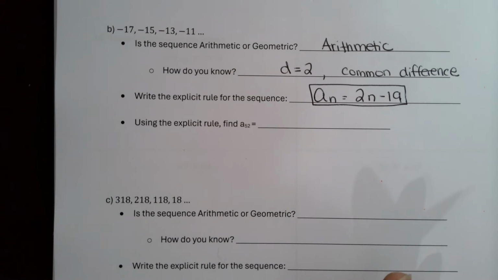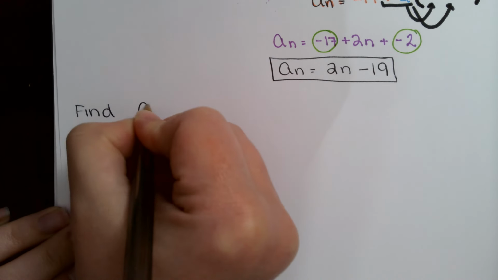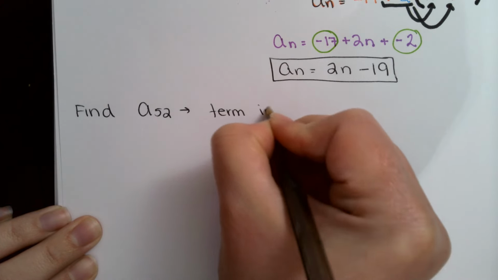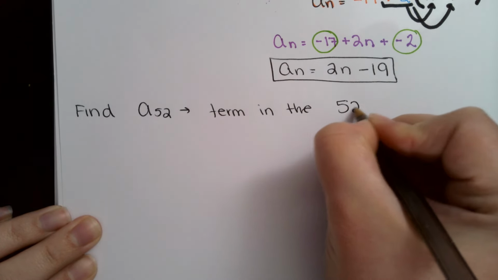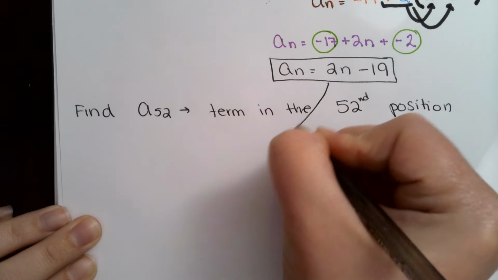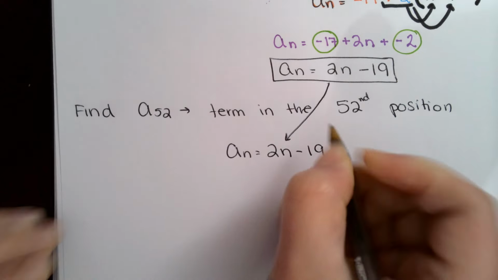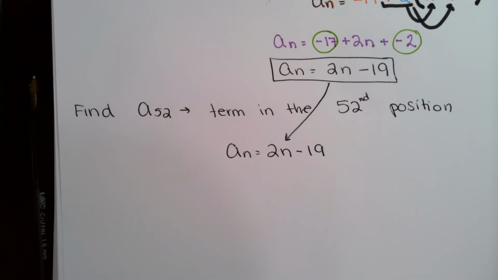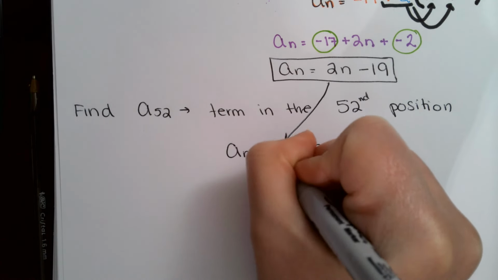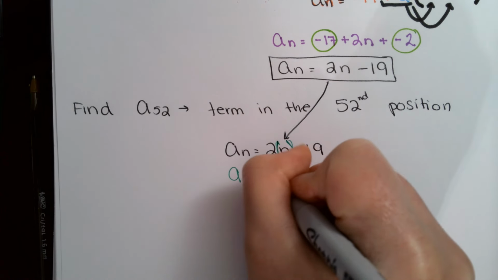Using the explicit rule, find a sub 52. Which means it is the term in the 52nd position. Which means when we take our formula a sub n is equal to 2n minus 19, we are going to open up for n, and we're going to put in 52 in the location of n.